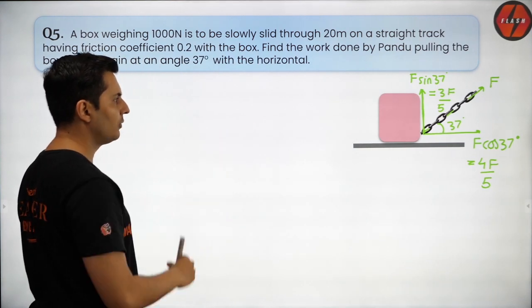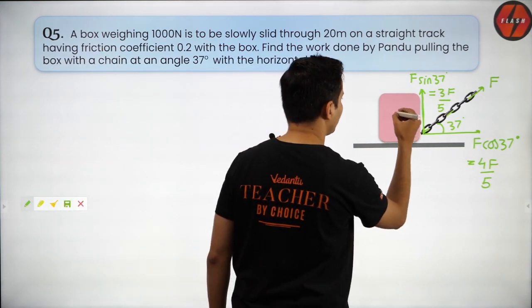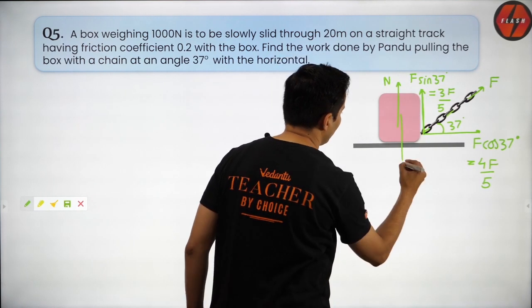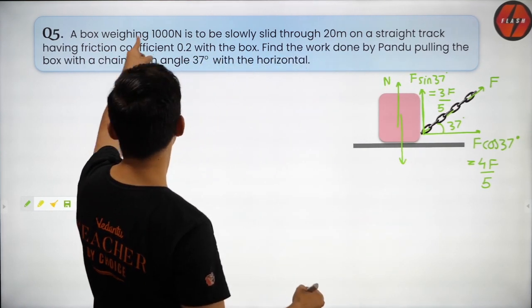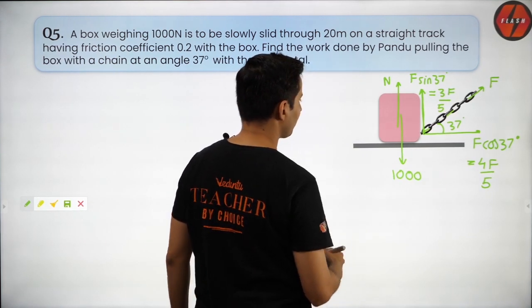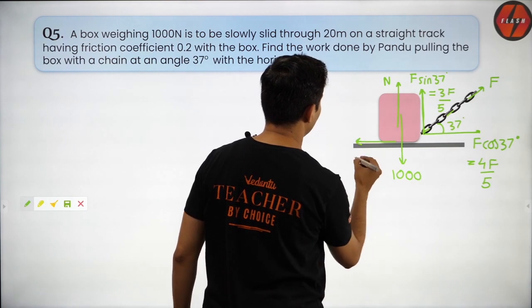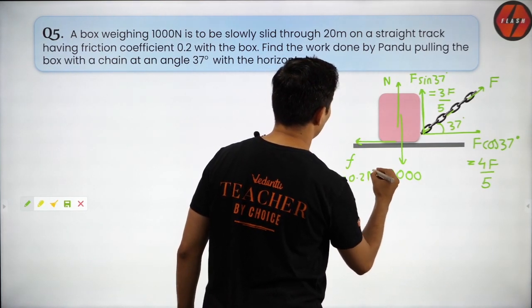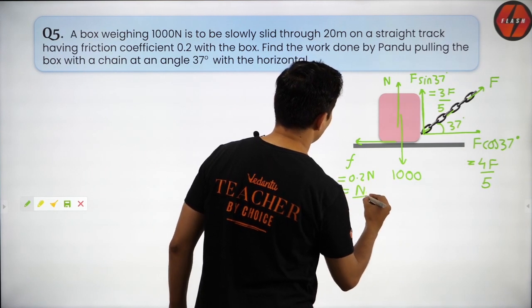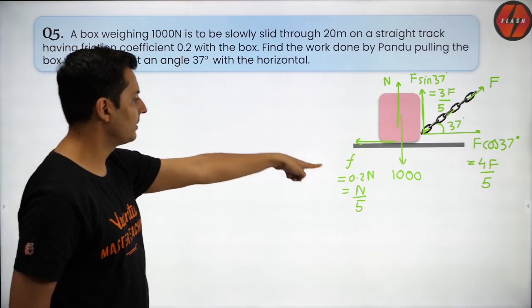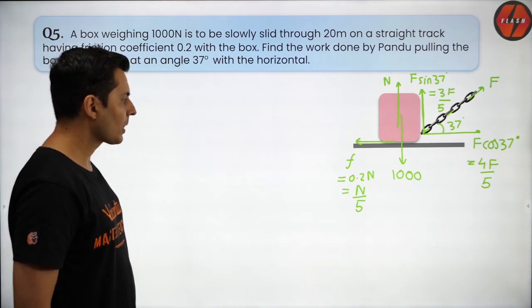Okay, so those are the forces, but apart from that, you obviously have normal force, you also have mg. mg is 1000, that's interesting, and you also have friction, and friction will be 0.2 times normal, which is normal by 5, because mu is given to be 0.2, so I'm going to use that fact as well.